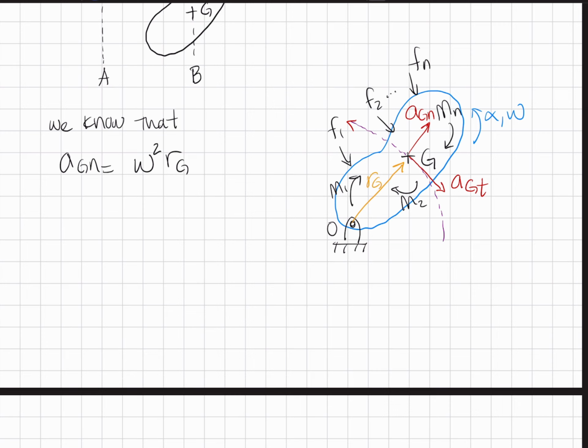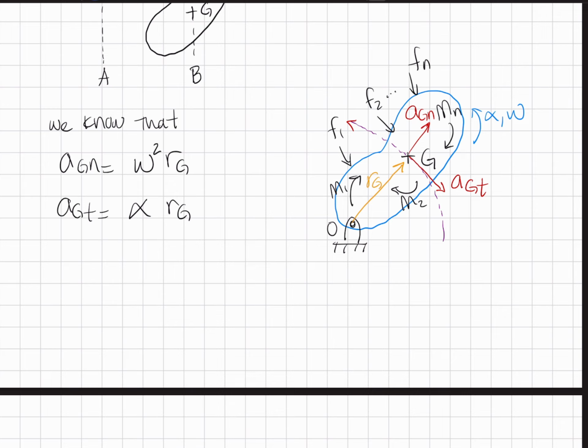We also know that AGT is equal to alpha R of G, right? So the centripetal acceleration we have is dependent on the angular velocity. So omega squared times R of G gives us centripetal acceleration, AG of n. And then our tangential acceleration is really dependent on the rotational acceleration alpha. So we have alpha, R of G, and that's really what we get.